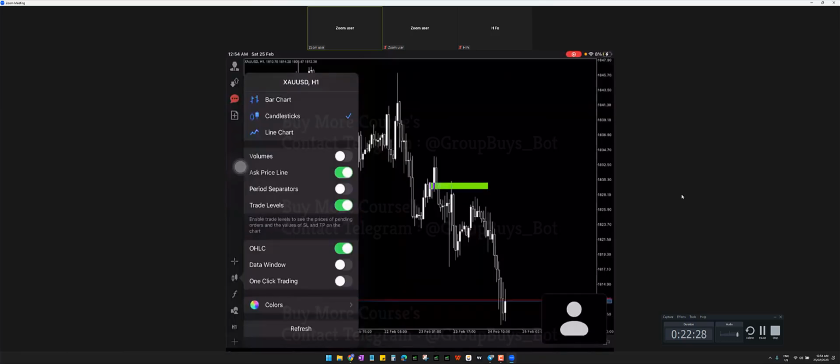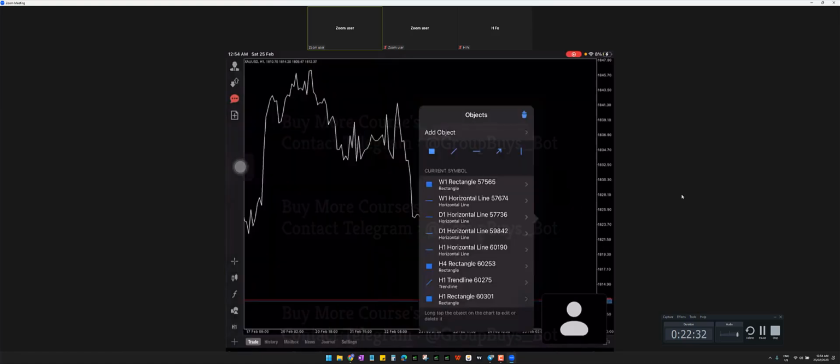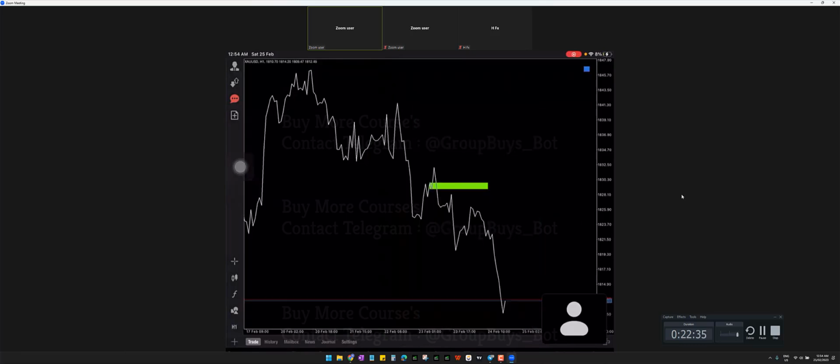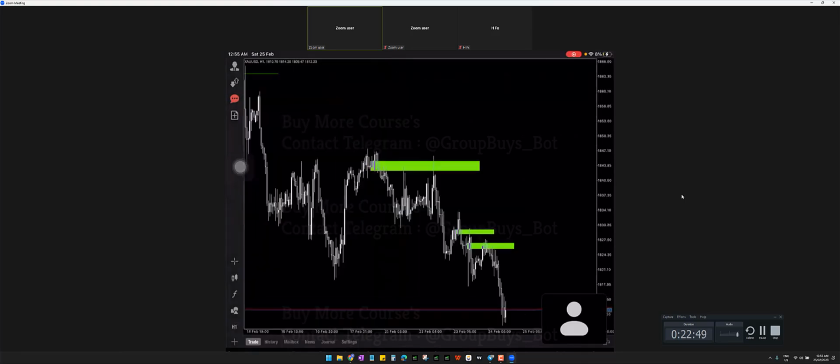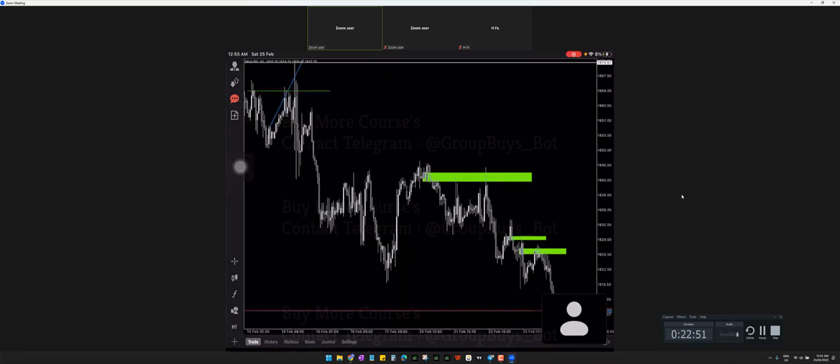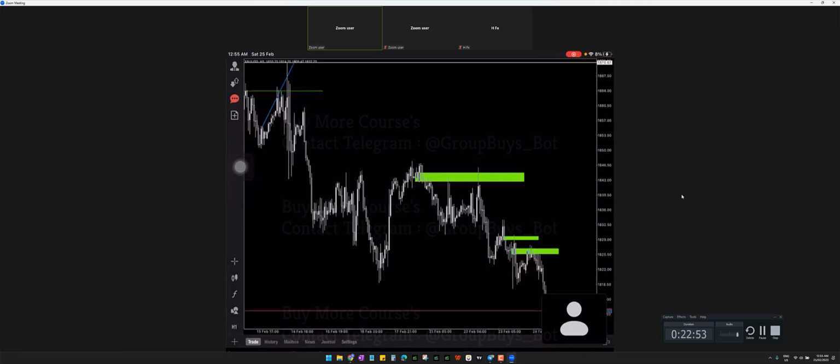Okay, I open the line chart to make it more clear. See? It's the same, right? Yes.